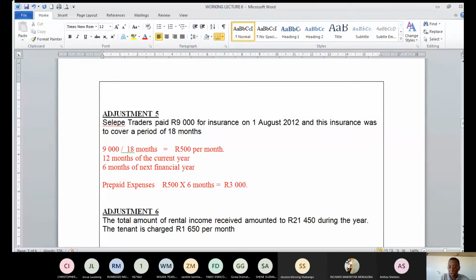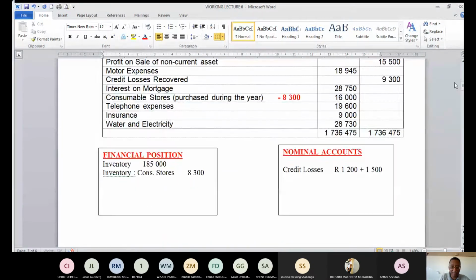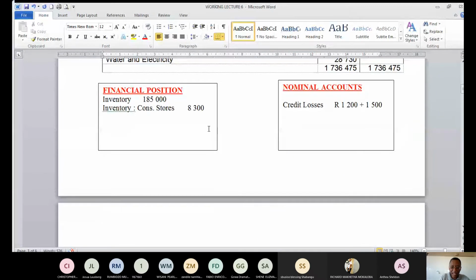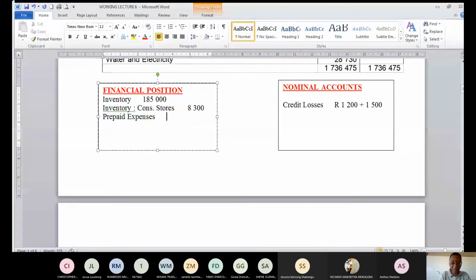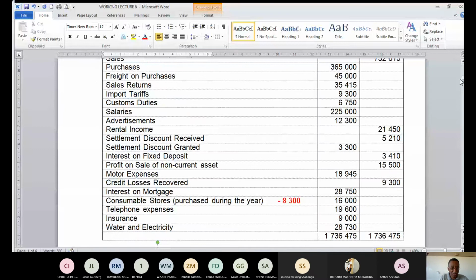We take that amount now to our trial balance and see how this will now impact on my trial balance. Under my financial position accounts, I have now got a new account called prepaid expenses, which is classified as an asset, and my prepaid expenses is 3,000 Rand. My other account affected will be my insurance account. So go to insurance, at the bottom there, insurance.